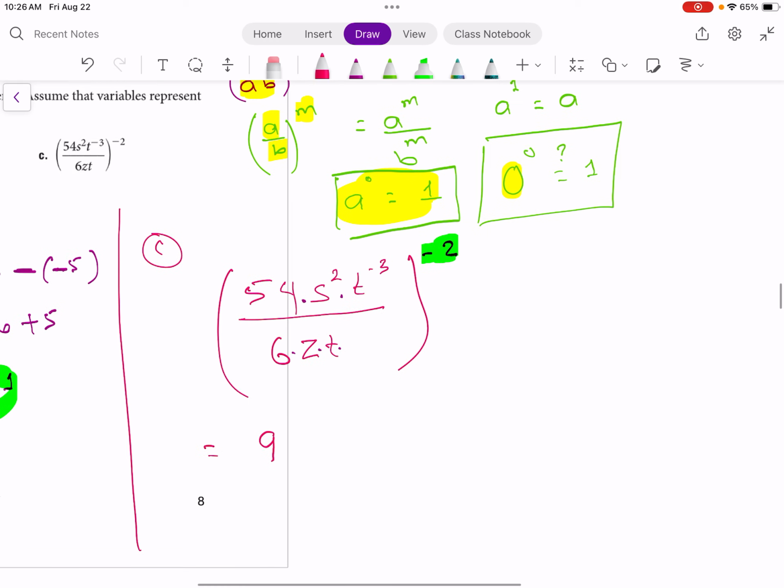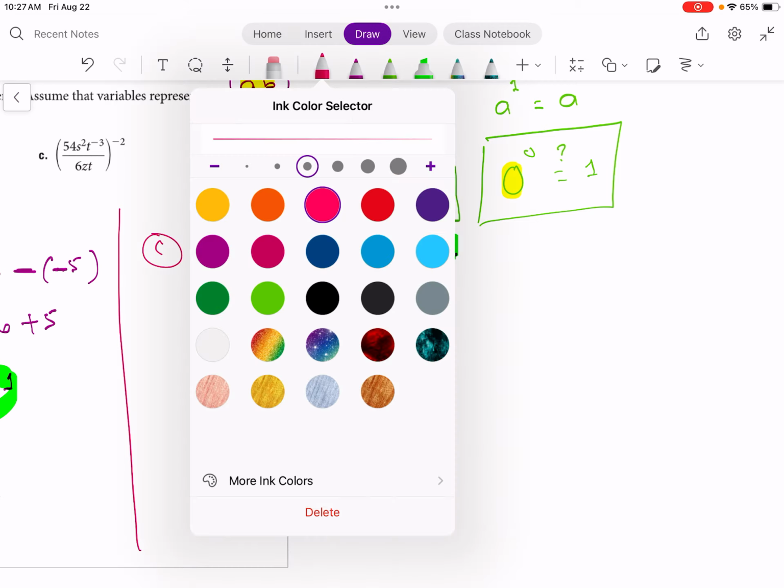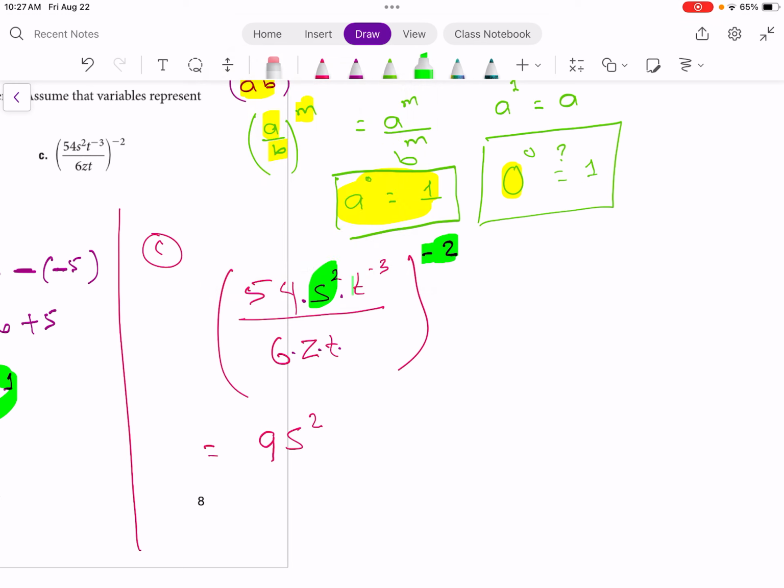Now, we have s squared, the base is s. Do we have any other expression with a base s? No, right? So we write down that s squared as it is. And next we have expression t. Do we have any other expression with a base t? We have here, right?